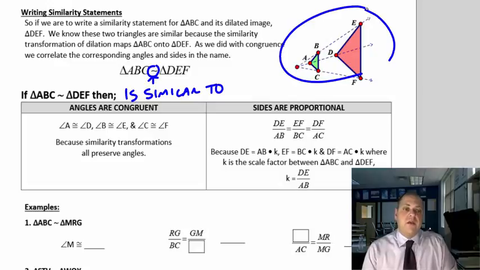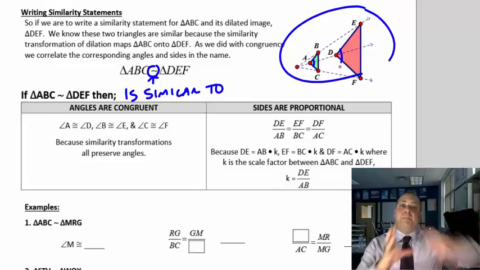That's what that symbol means, is similar to. See the picture right here? ABC is a small triangle. DEF is a larger version of ABC. It's the same exact shape, the same angles. Angle A equals angle D, angle B equals angle E, angle C equals angle F, but the sides got bigger.